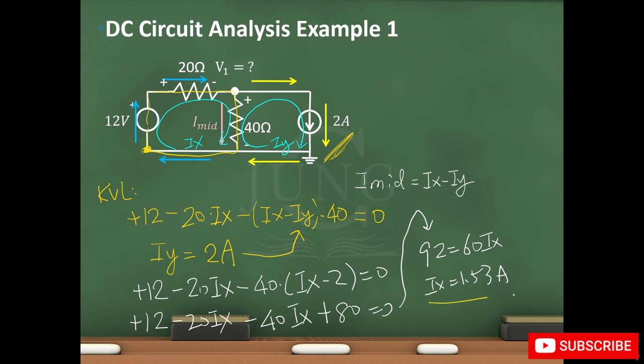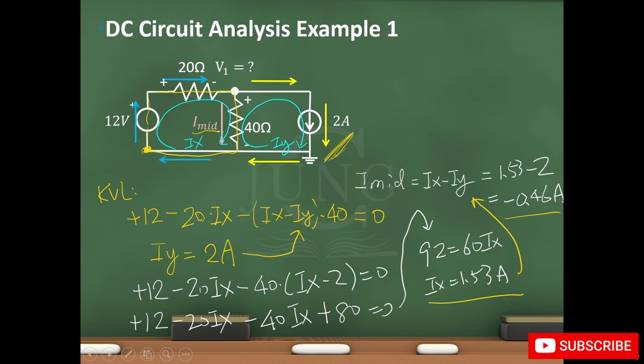I mid is Ix minus Iy, which is 1.53 minus 2, and that equals minus 0.46 amp. And hence we know the current in the middle branch is 0.46 amps, and it flows in the opposite direction to what we initially assumed.